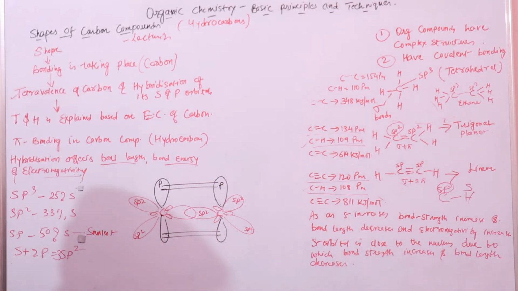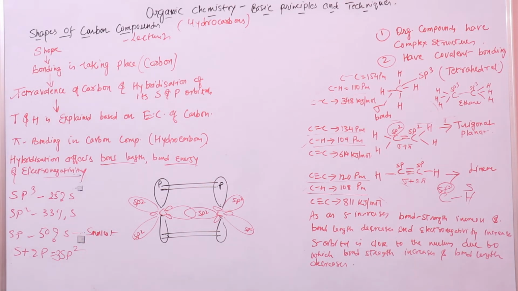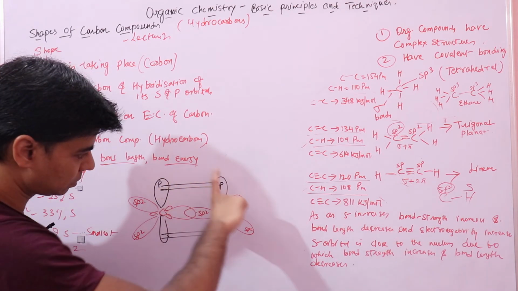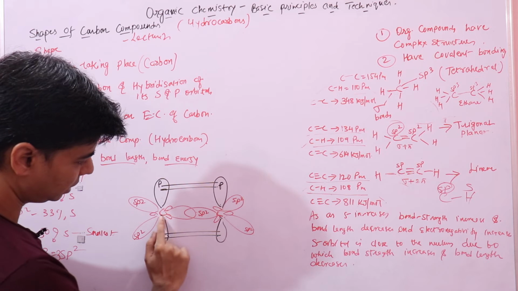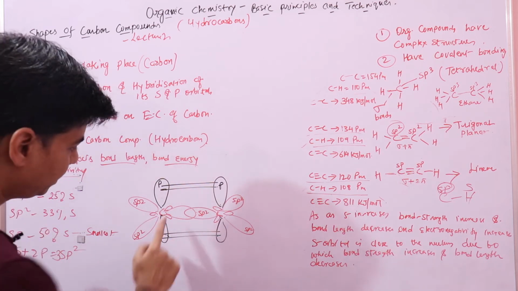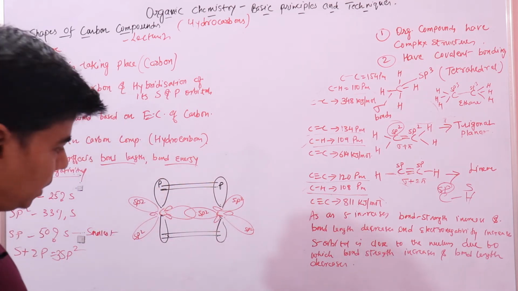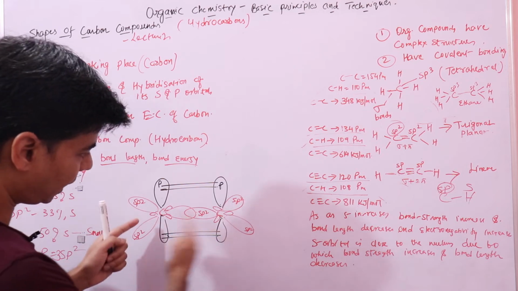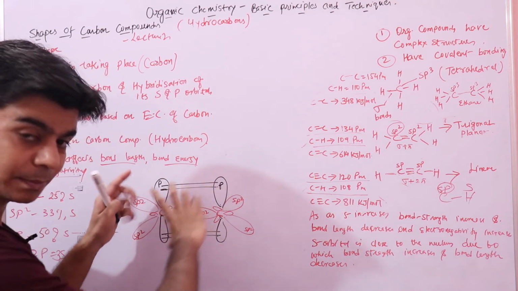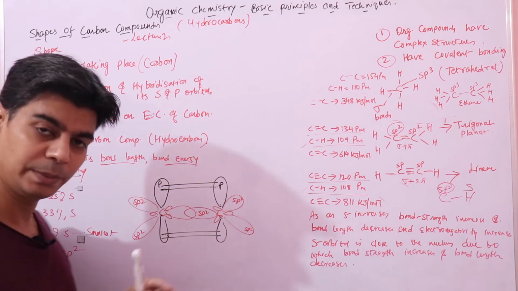Now there is one important thing that we will see here. In this carbon-carbon bonding, this pi bond is formed by overlapping of p orbitals.